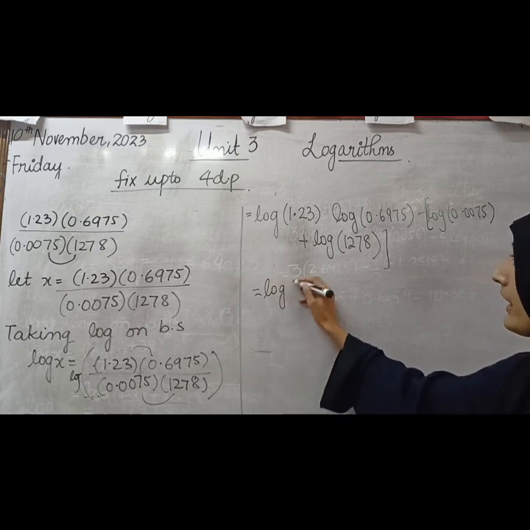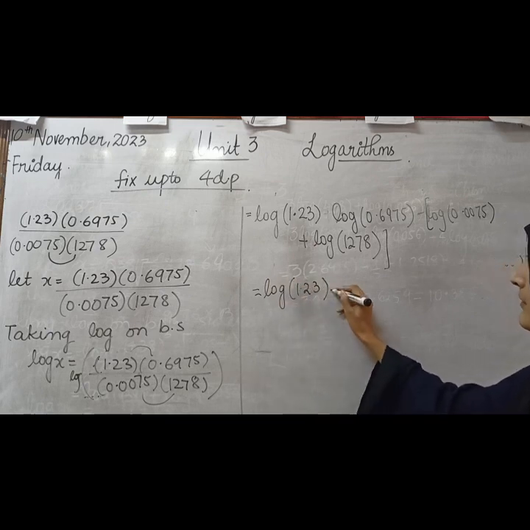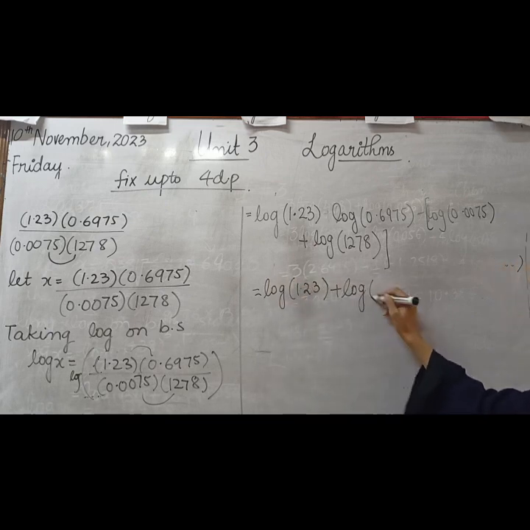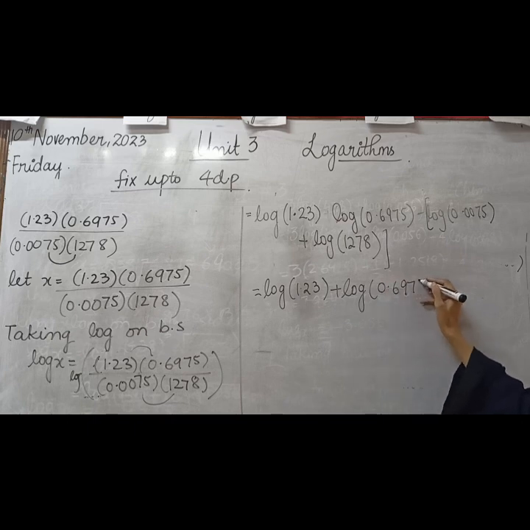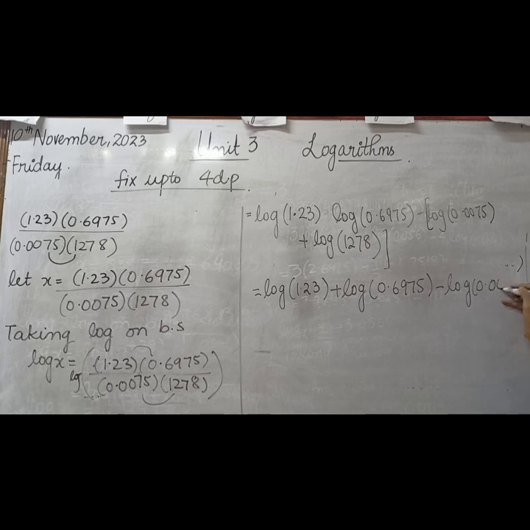In the next step, you will open the brackets. Log of 1.23 plus log of 0.6975 minus log of 0.0075 minus log of 1278. This is the right way. Now calculate the logarithms of all the four terms.